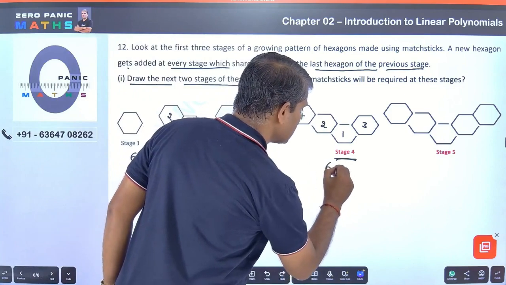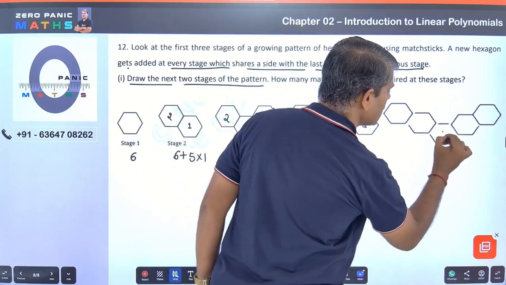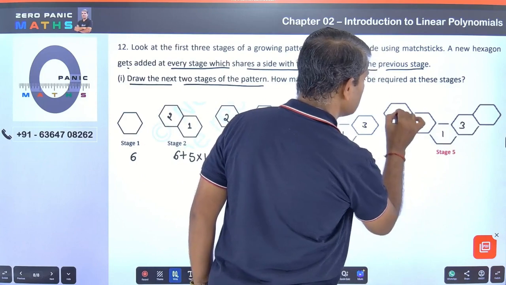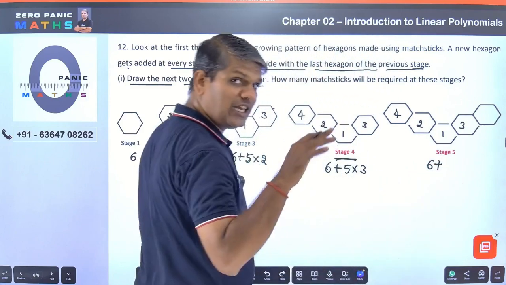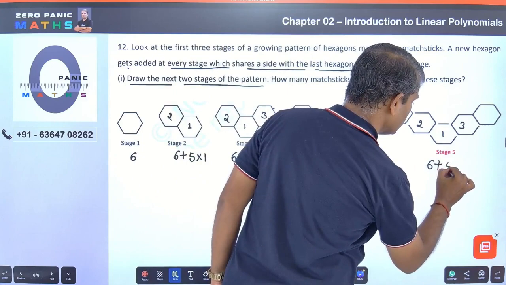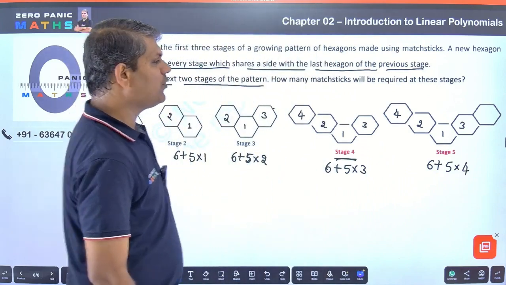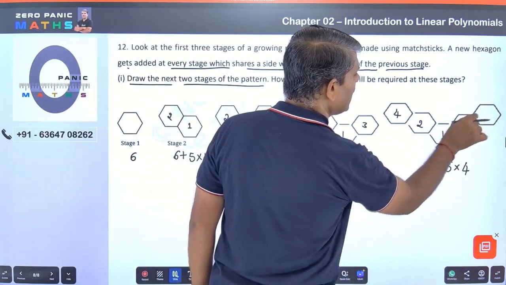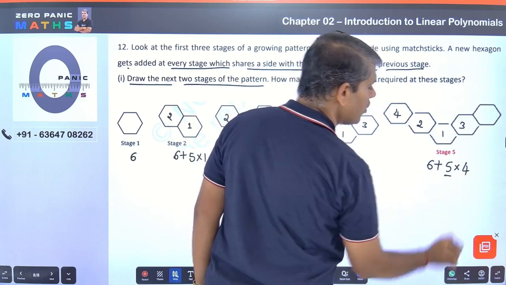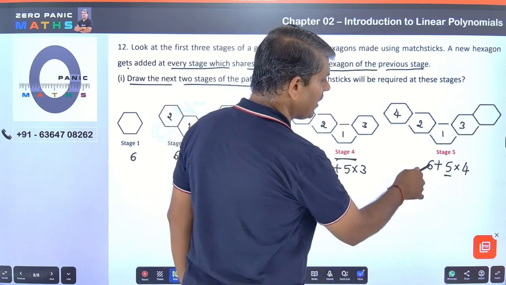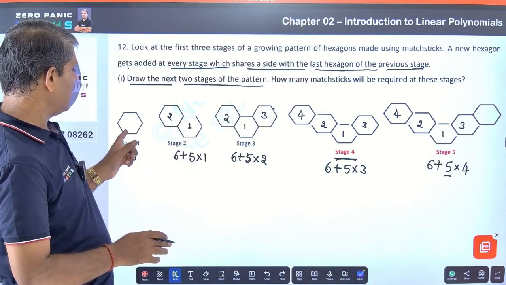So here 6 plus 5 into 3 is required, and this is the fourth stage, so another 5: 6 initially, and then 5 into 4. At stage 5, I require 4 additional hexagons, each drawn with 5 matchsticks, and 6 matchsticks were required for the initial hexagon at stage 1.